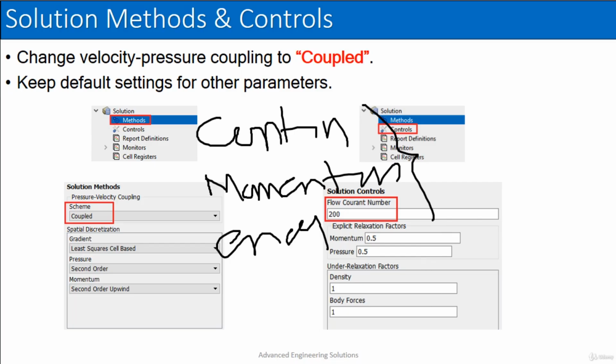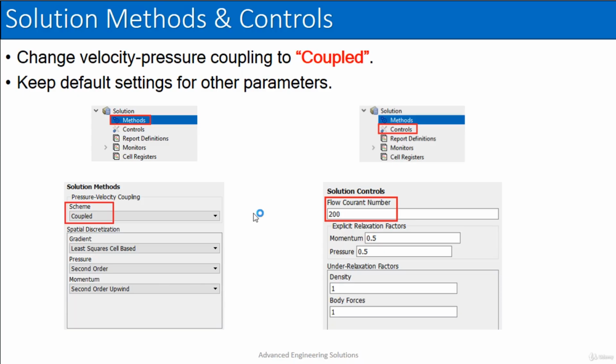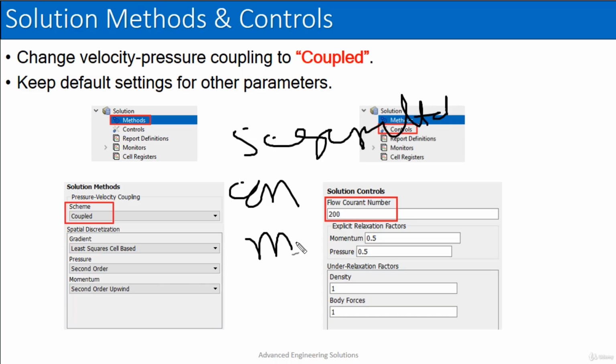The second method is the pressure based solver. Traditionally there was a single approach, which was known as the segregated solver. It means that we solve all the equations like continuity, momentum and the energy if needed.